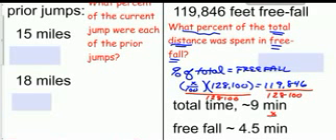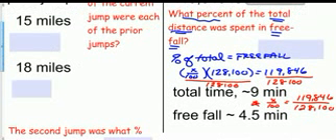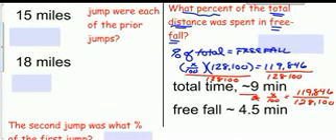And notice now it says x over 100 equals 119,846 over 128,100. This, by the way, is actually the start of the other method that you could have used, which is the proportion method, where you're taking the part, the percentage piece here, over the whole.